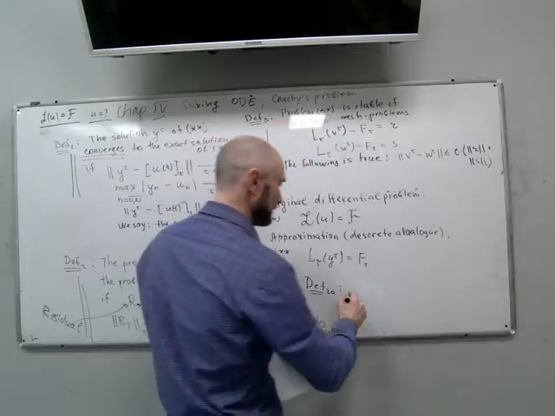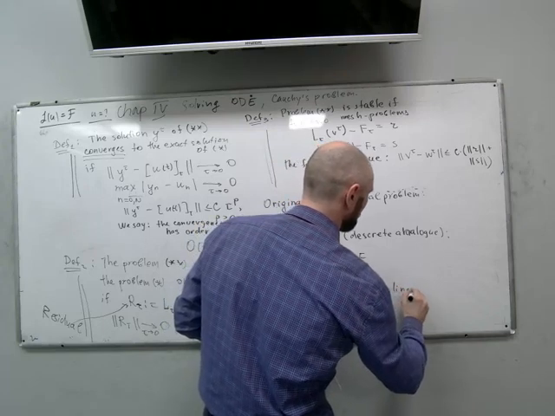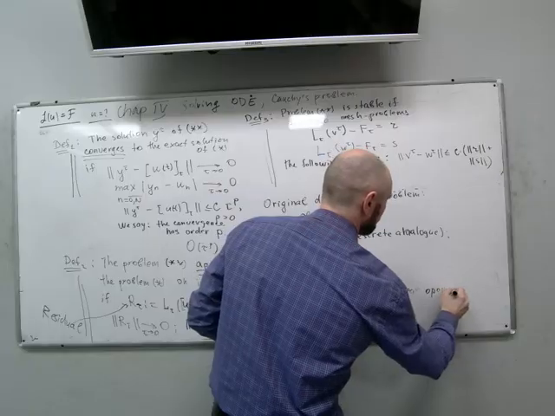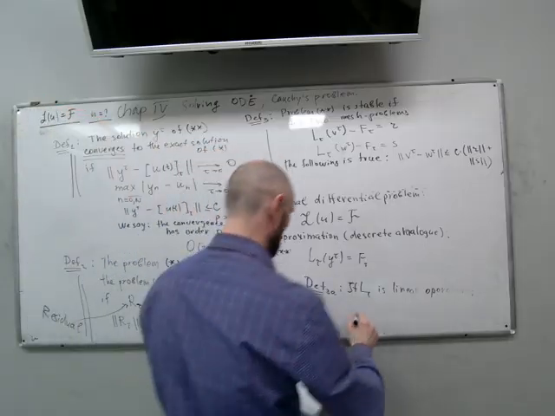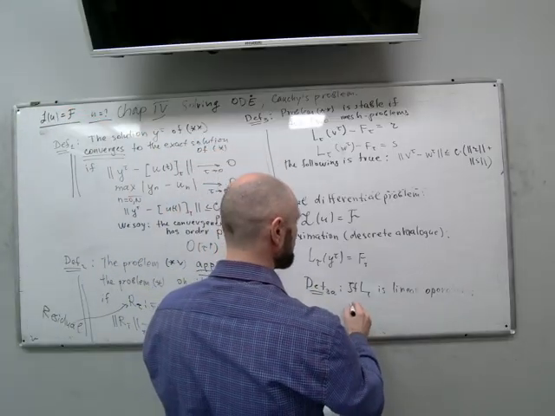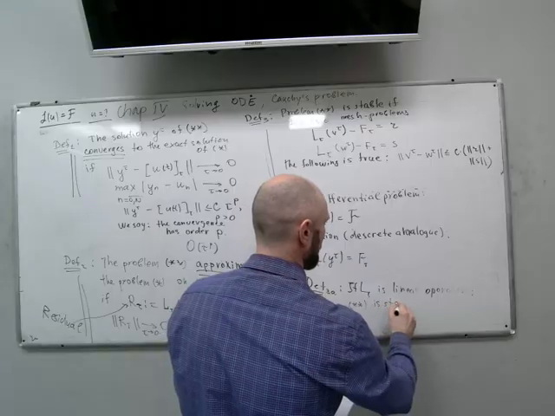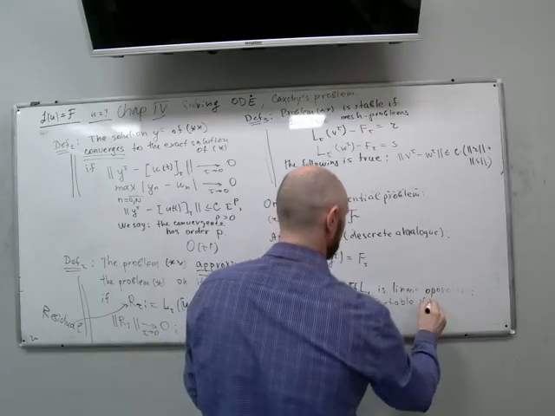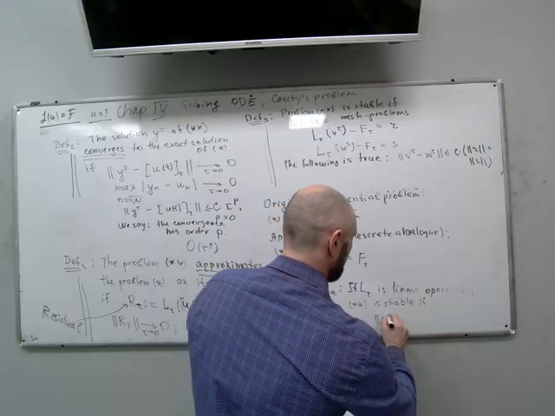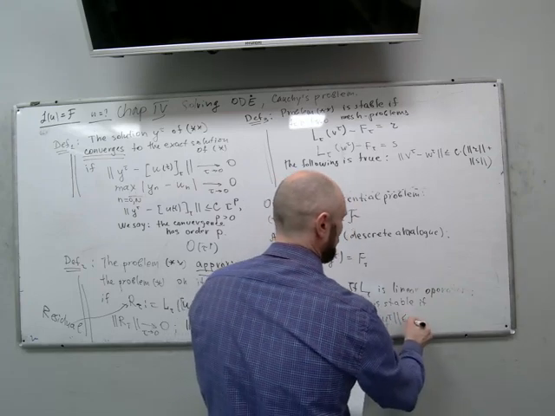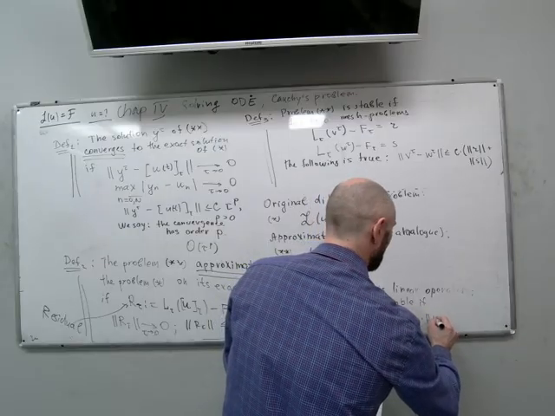If L tau is a linear operator, then we can say it is stable if the exact solution of this approximate problem is bounded by the norm of the right-hand side.